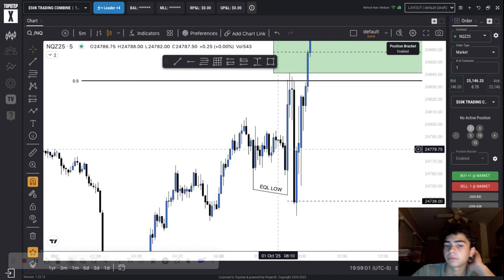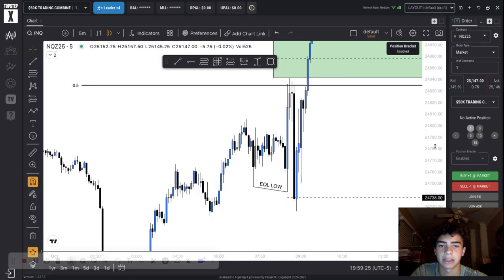There's two ways you could use this. You could use equal lows and highs as you're targeting equal lows. That's how I prefer it because you don't know every time, once the draw is taken, how price is going to react up or down, or if it's going to distribute fast. But when you have these equal lows, it's a lot better, in my opinion, to target the equal lows or highs and not react after they get taken out.